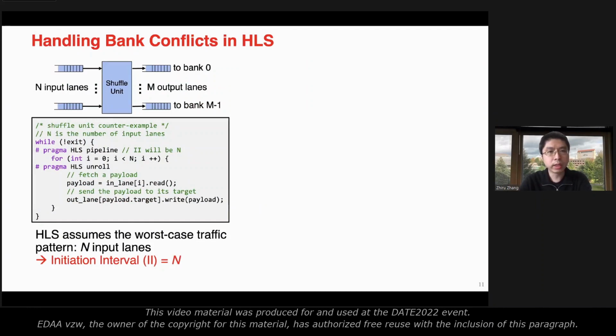And this shuffle unit is actually not that trivial to design in HLS. So I'm just showing some simple code snippets here. If you just do a simple loop code in HLS, HLS, of course, is doing this static offline analysis, will assume the worst-case traffic pattern, and the final throughput is going to be pretty awful.